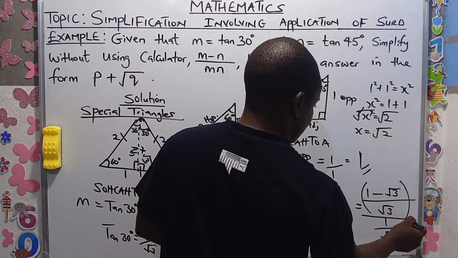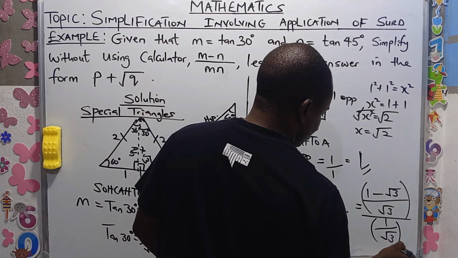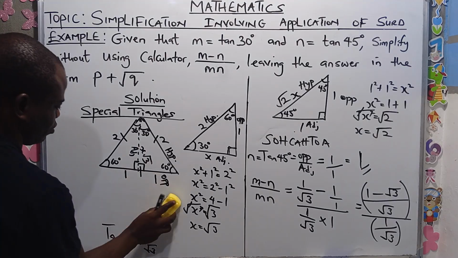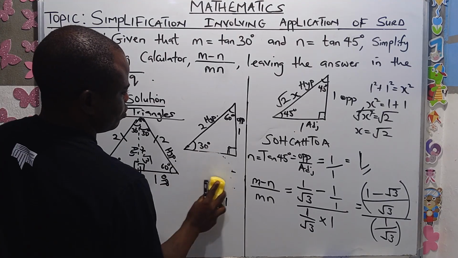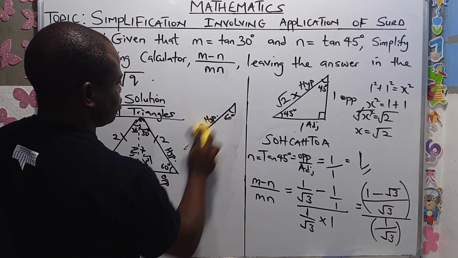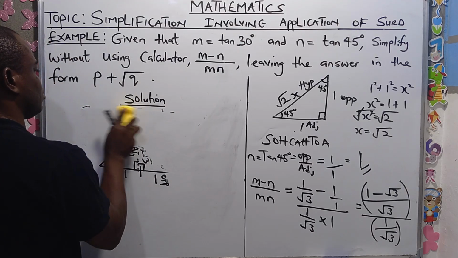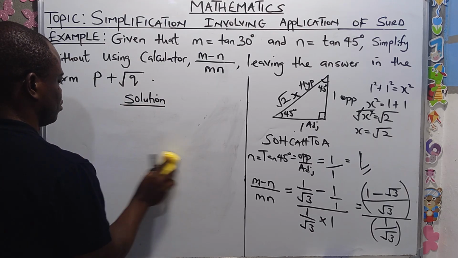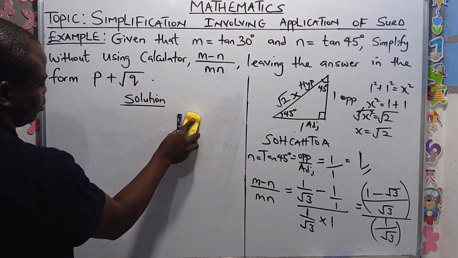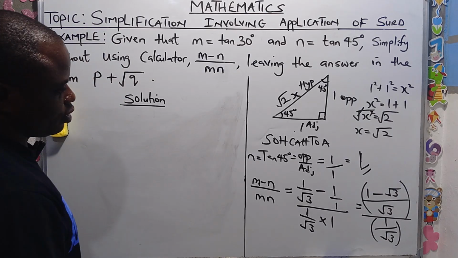Don't forget, the fraction and the numerator go together, and the fraction and the denominator go together. You must know your special triangles offhand, so that will be your memory.